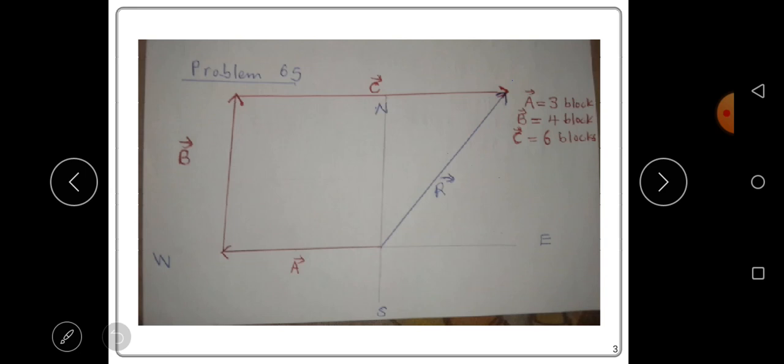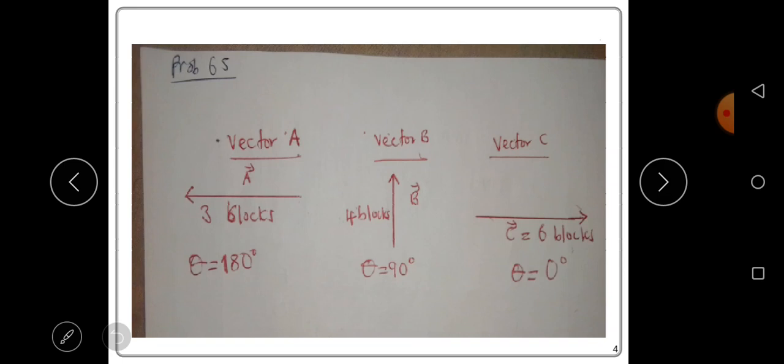To find the solution of this question, we'll need to break down each vector into its components. Let's start with A. For easy understanding, I've decided to write each vector as if it was one vector alone. So this is the representation of vector A, of vector B, and of vector C. For vector A, we can tell that it's at an angle of 180 degrees.